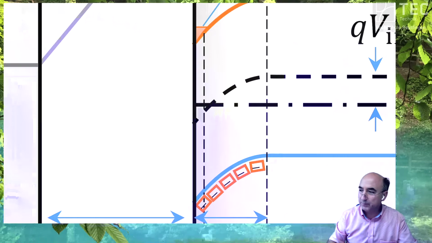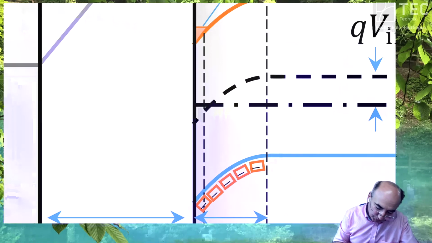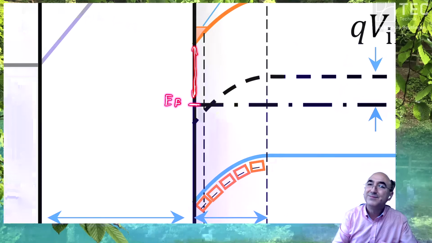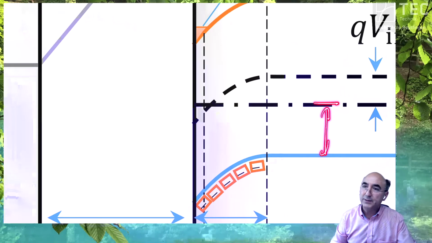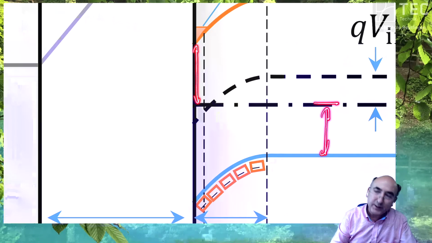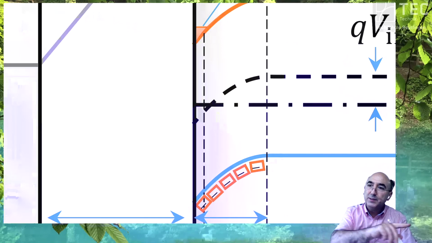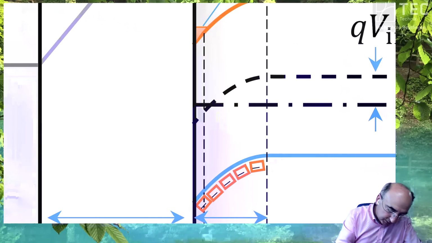And if this happens, then your Fermi level, here is the Fermi level, EF, is closer to the conduction band edge. In the bulk, it is closer to the valence band edge, but at the interface, it is closer to the conduction band edge. What does that mean? What is a semiconductor? It's a sketch.